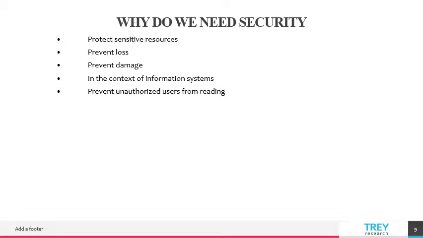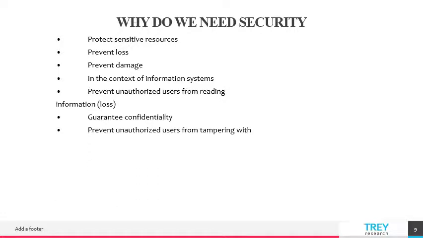Also, prevent unauthorized users from reading what they are not supposed to read. Information rules guarantee confidentiality, meaning security guarantees users confidentiality, because no one can access their files since there is security.